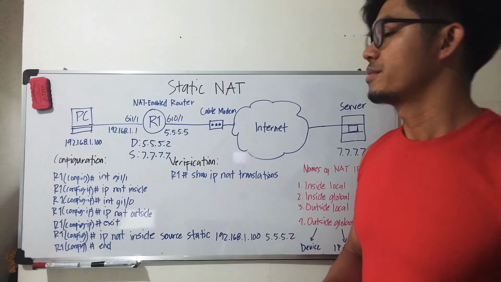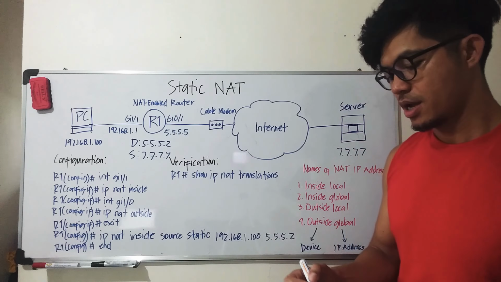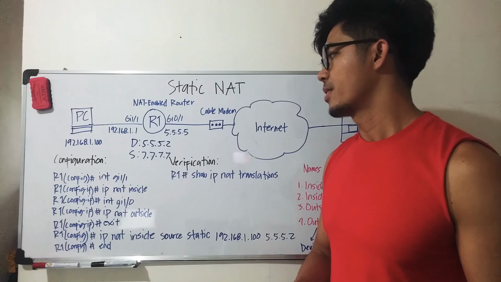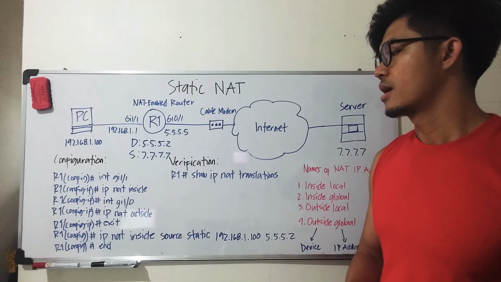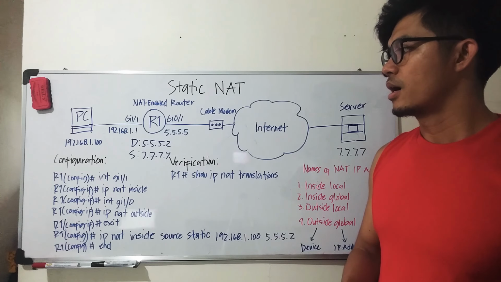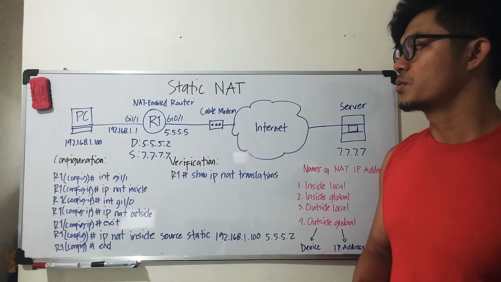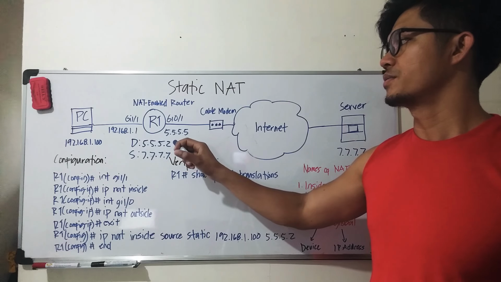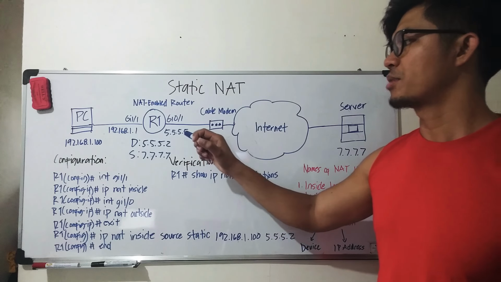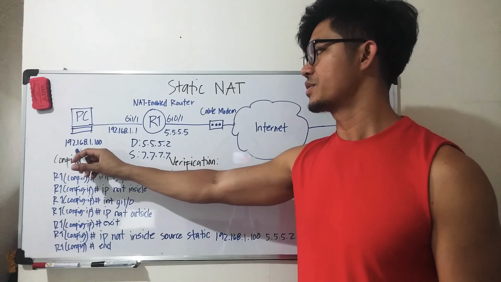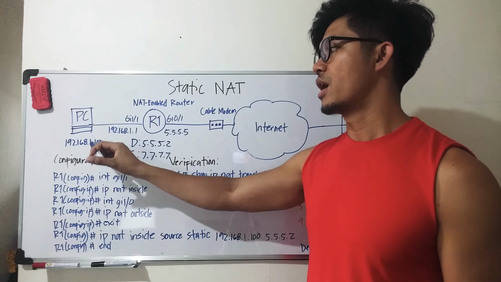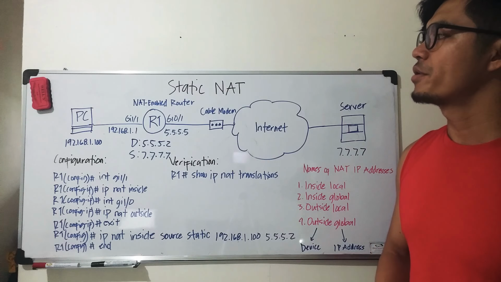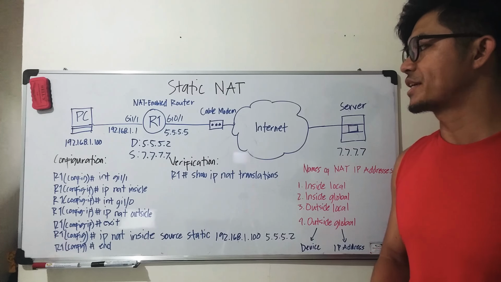And R1 knows how to convert this public IP address here into the original private IP, which is 192.168.1.100. So that's how static NAT basically works.